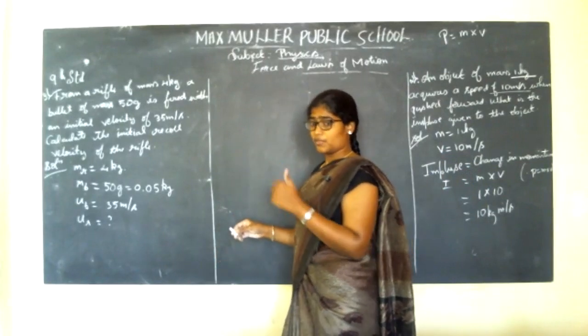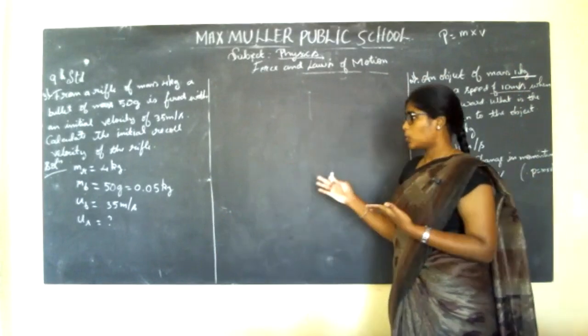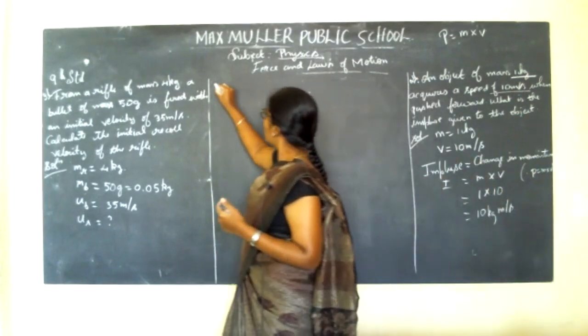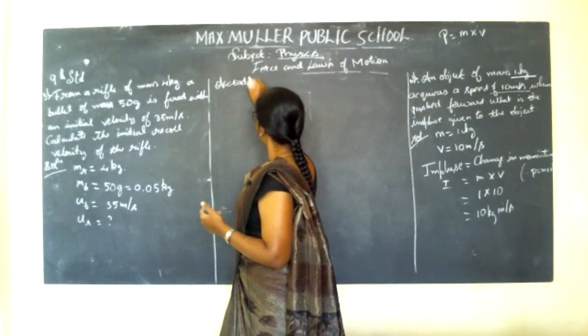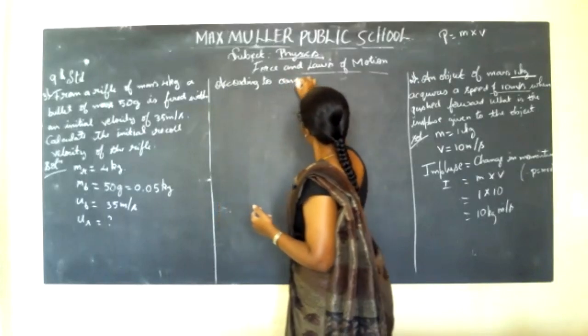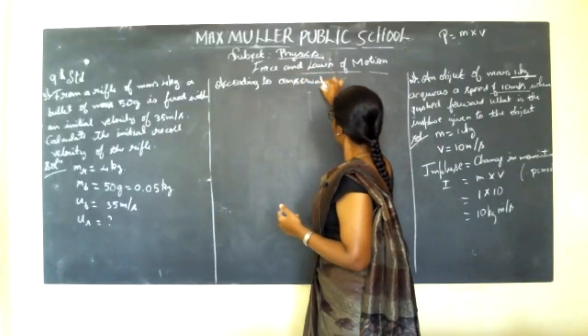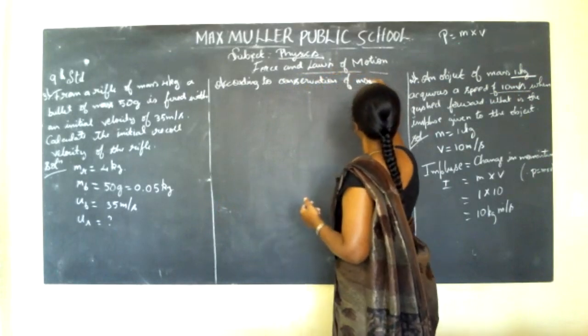Do you remember? The force of the first object will be equal to the force of the second object. That only here you will be applying, according to conservation of momentum.